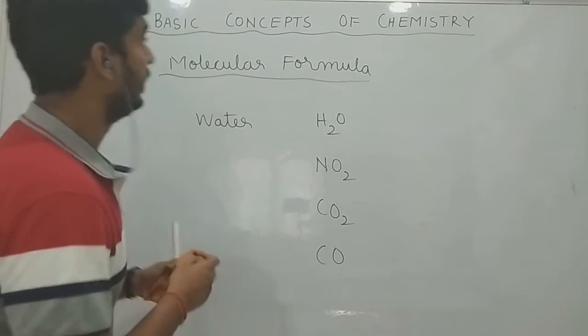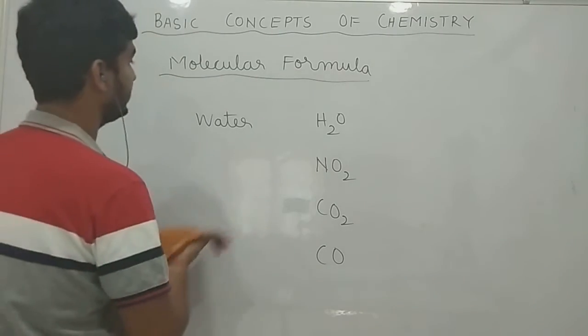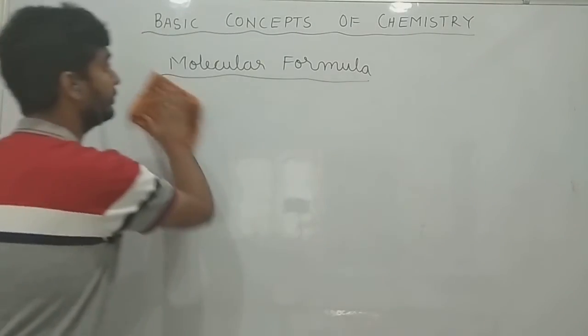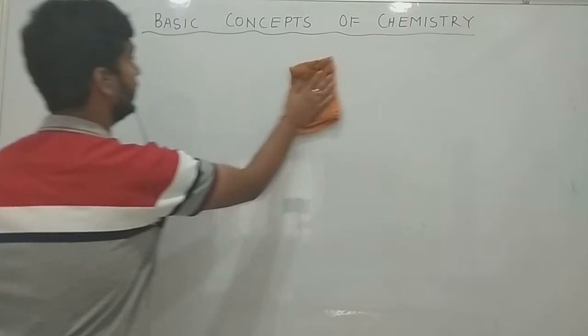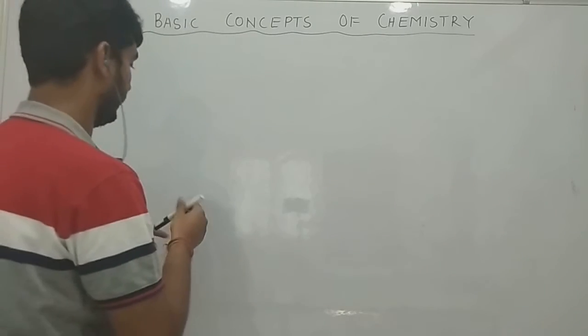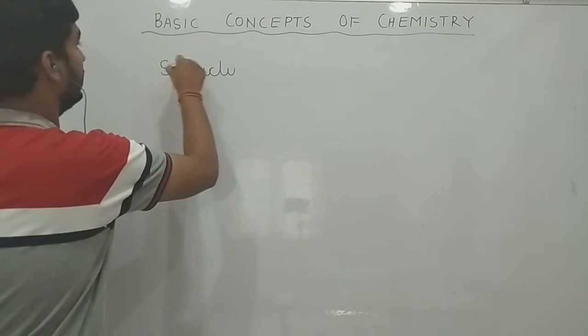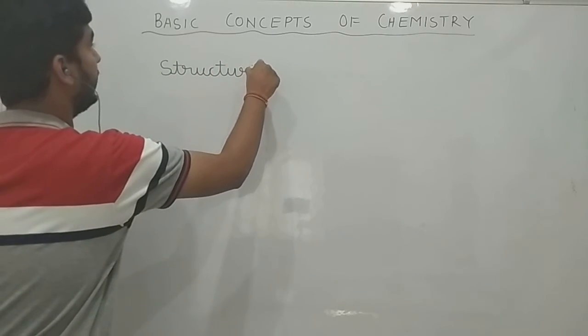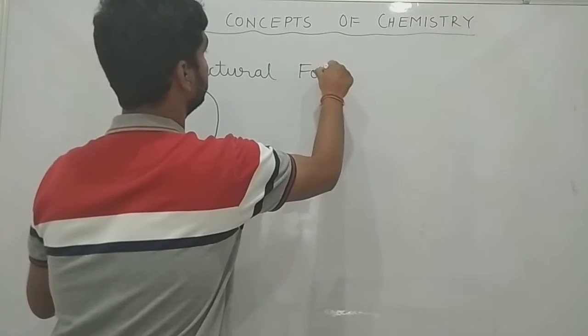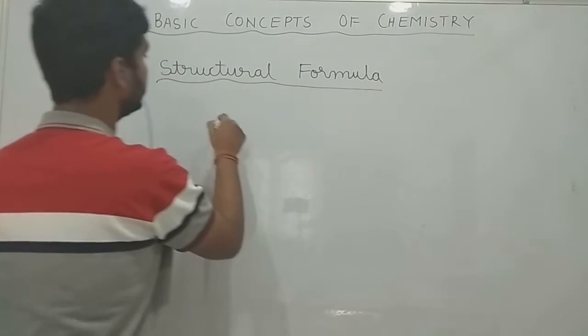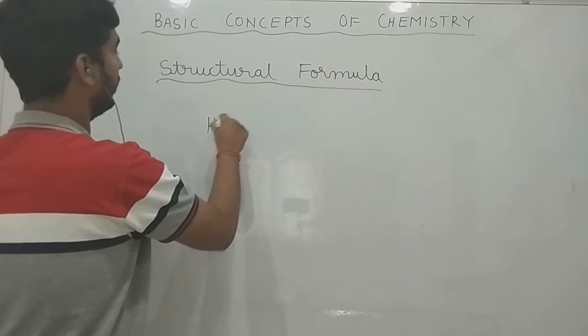And the third one, which I have written, was the structural formula. Now, the structural formula is something which we'll be discussing in detail in the chemical bonding chapter. So, what is a structural formula? When you write H2O, it represents a water molecule.